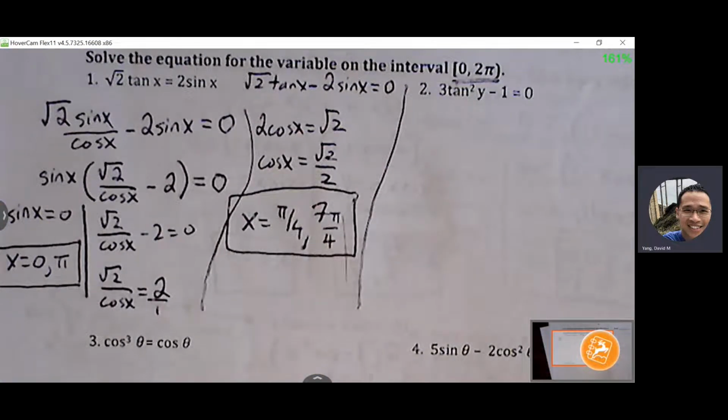Okay, number 2. Get tangent squared by itself, take the square root.